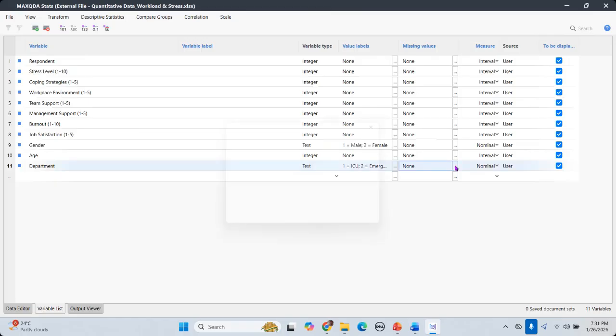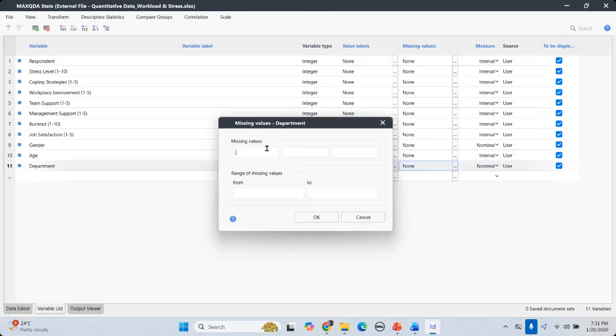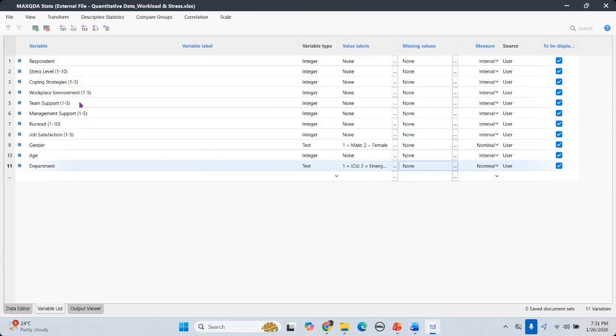Missing values also, if you think there are a large number of missing values, and if you want to represent them, you can give some identification like 9 or 999. Right now, I'm not going to have any missing values here. Okay. So once we complete cleaning the data, and you look at what kind of data you have, you'll start performing certain descriptive statistics.